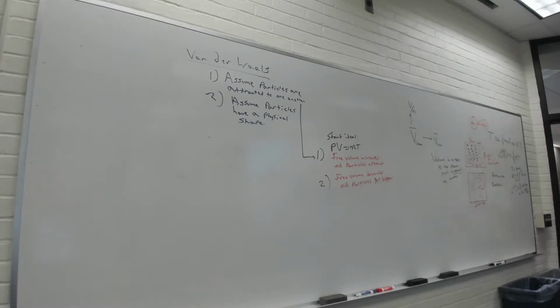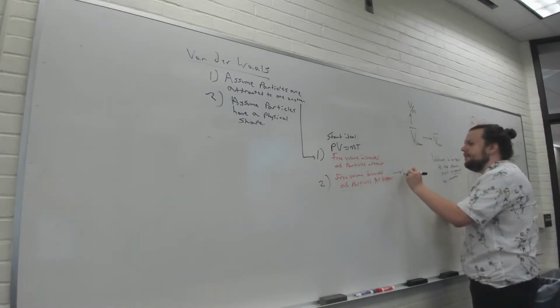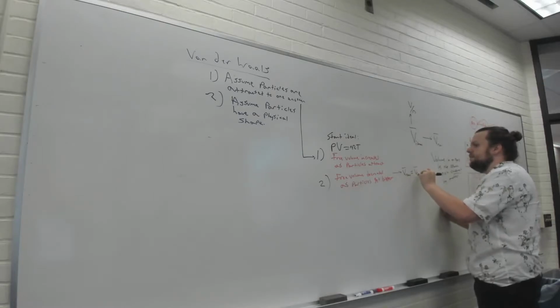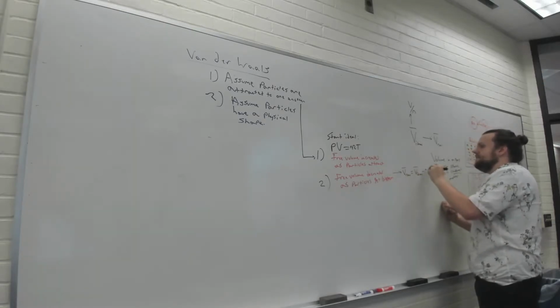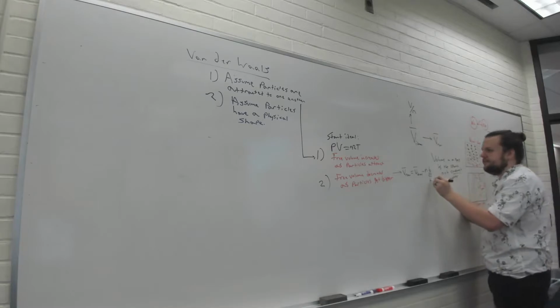Right, so when you give particles a physical size, the molar volume of your gas is smaller than you would expect because some of that space is being filled up by the atoms themselves. So that means that V real is going to be V ideal minus the number of moles times some constant B. Okay, this is our scale factor, if you want.